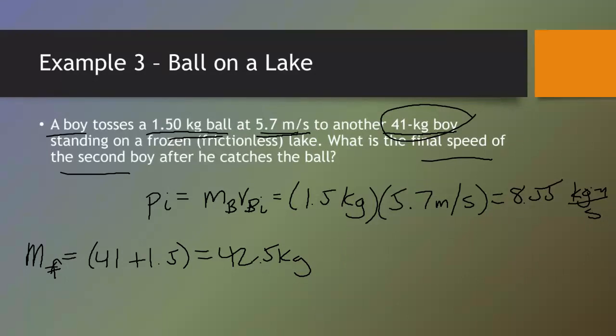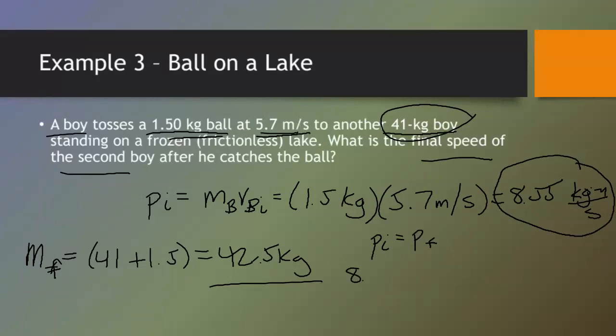The momentum has to be conserved. So the initial momentum has to be equal to the final momentum. If we want to find the velocity, then we just say that the initial momentum is equal to the final momentum.